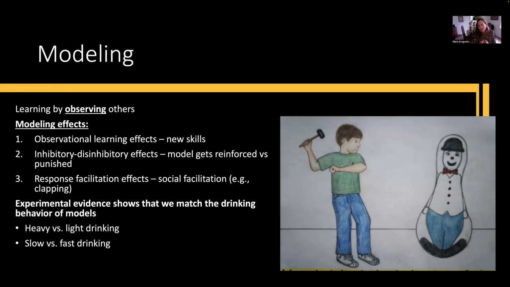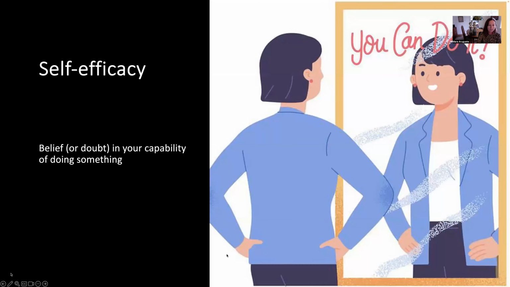If they're drinking heavy, then the person will tend to drink heavier. And you may notice that with your friends. If you hang out with heavy drinkers or heavy smokers, you tend to do more. So there's definitely good evidence showing that modeling effect when it comes to alcohol, particularly with reference to social facilitation or response facilitation.